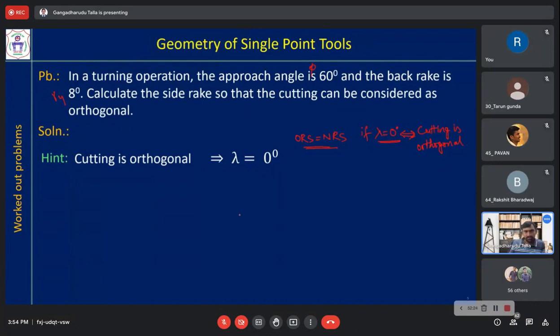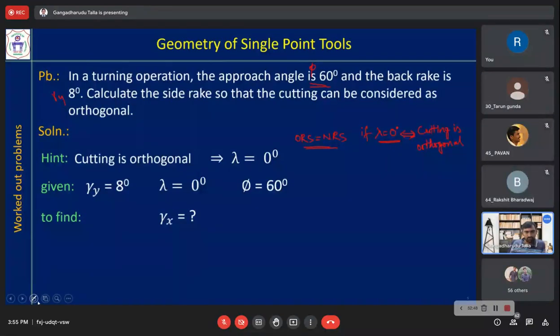But anyhow, at this stage, we need only lambda equal to 0 from this cutting is orthogonal statement. So gamma y is equal to 8 degree, lambda is 0, that is given indirectly. Phi is 60 degree. So this point is important. This is 60 degrees phi. So you find out the gamma x value using the formula.